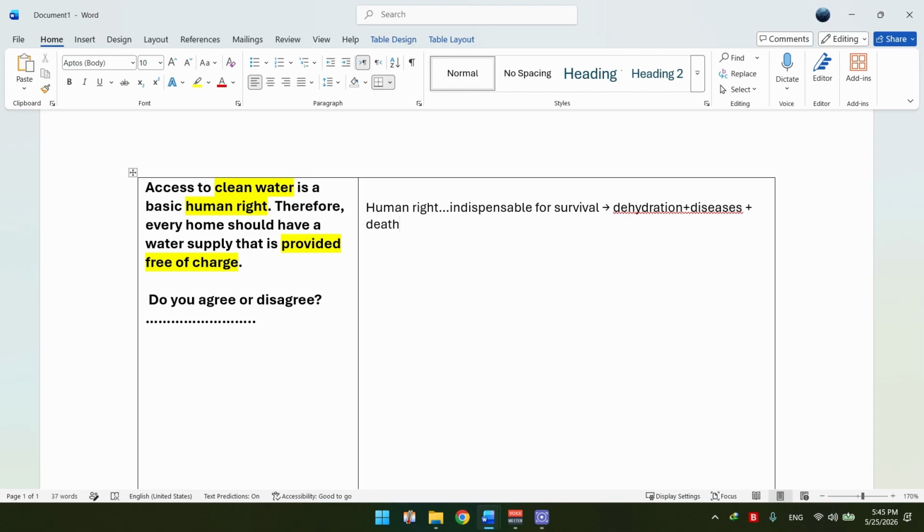All right. From a moral point of view, no one should be denied. If we look at it this way, no one should be denied access to fresh water. So, moral point of view, no one denied.